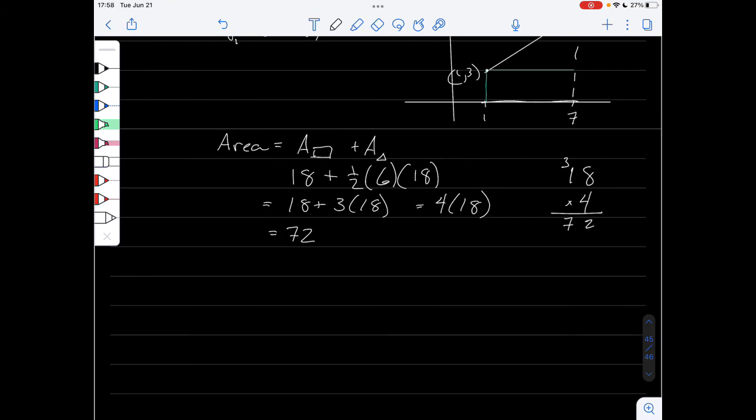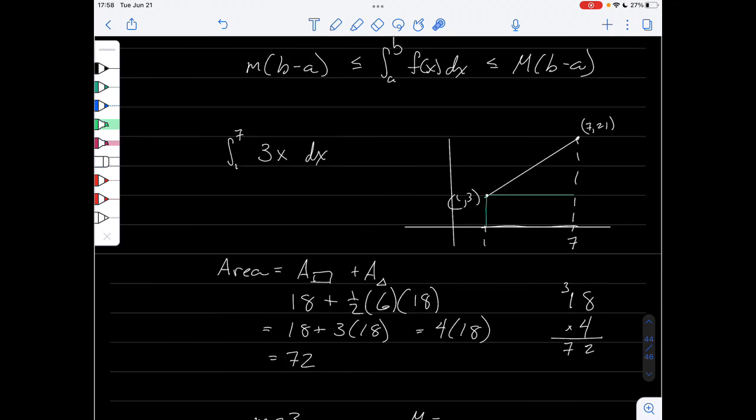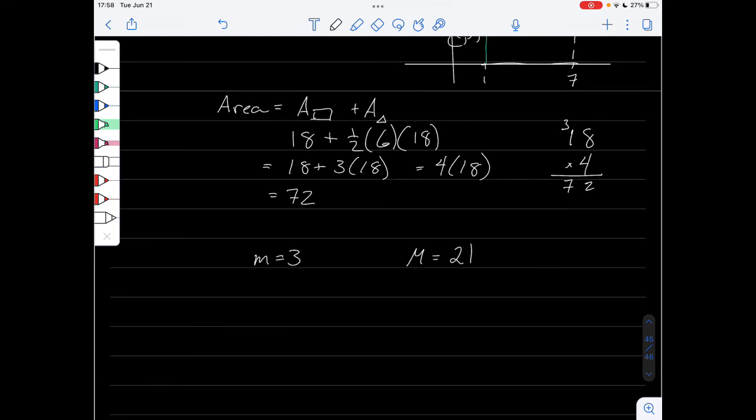So while we can pick anything less than or equal to 3, let's pick m equals 3. And similarly, we know that on the interval, our function doesn't go above 21. So let's pick big M to be 21.